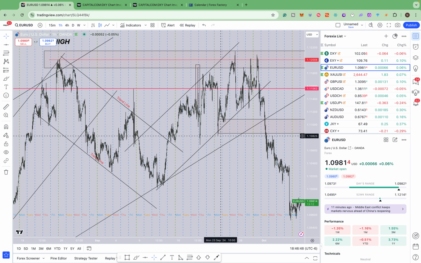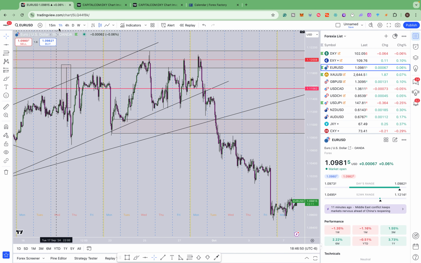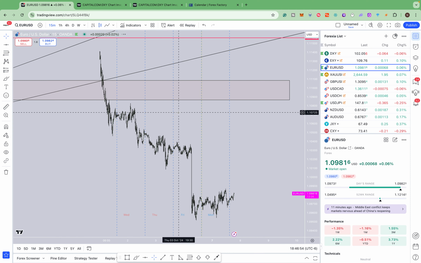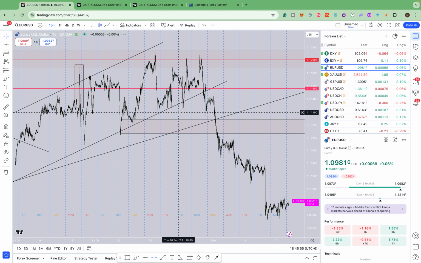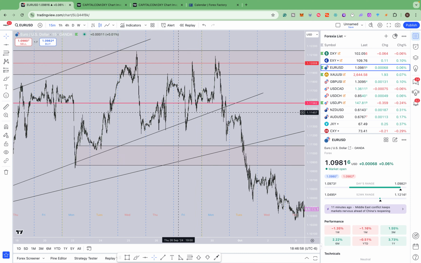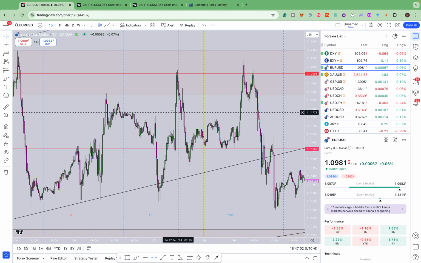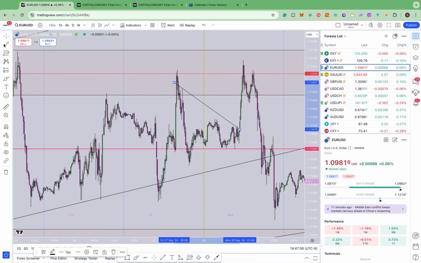Now, if we look even closer, let's go to the 15-minute time frame, we can see the different patterns that we previously spoke about, like the wedge pattern. We can see this forming on many different time frames. So here's a wedge pattern on the 15-minute time frame.